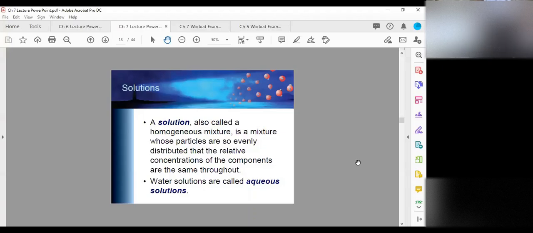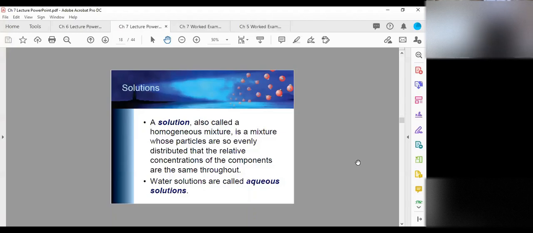If you remember, we talked about matter divided into pure substance and a mixture of pure substances. And we said pure substance can be an element or a compound. And mixtures can be homogeneous or heterogeneous. Examples of homogeneous mixtures will be a solution. So solutions are homogeneous mixtures.